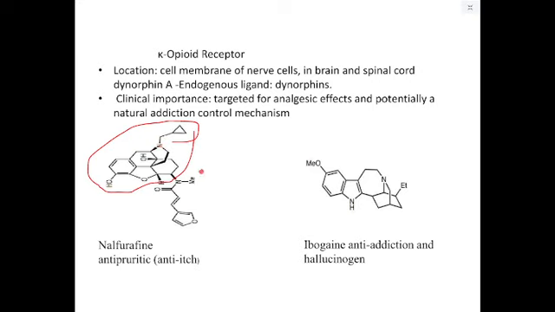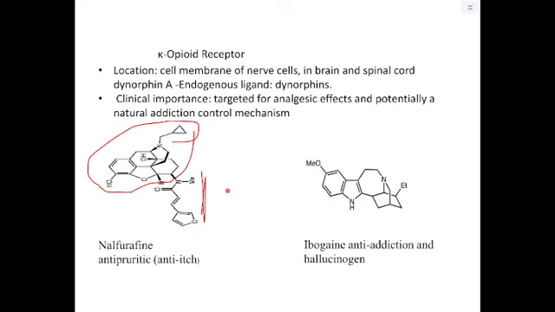But now, when you look at its position number 6, in place of the hydroxyl group, it has a very large substituent. It has a very, very large substituent at that position, and it has also been found to have antipruritic activity. So this is a compound that is specific for the K-opioid.